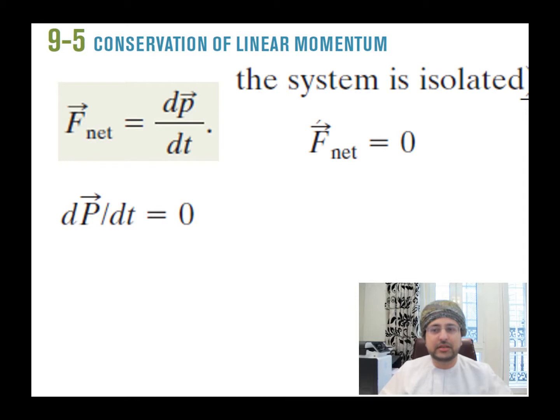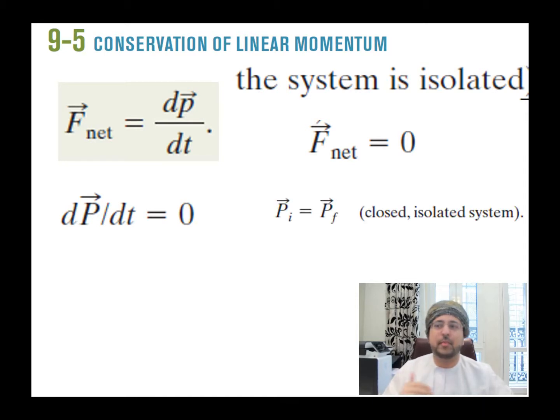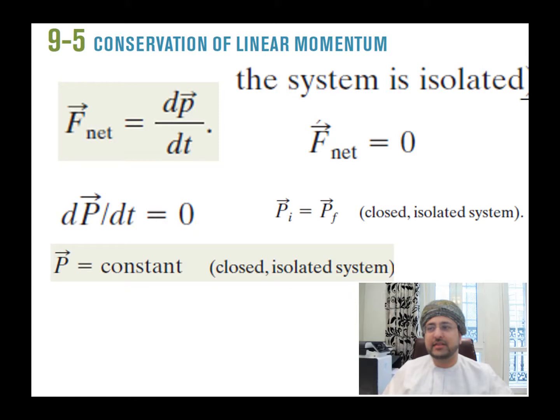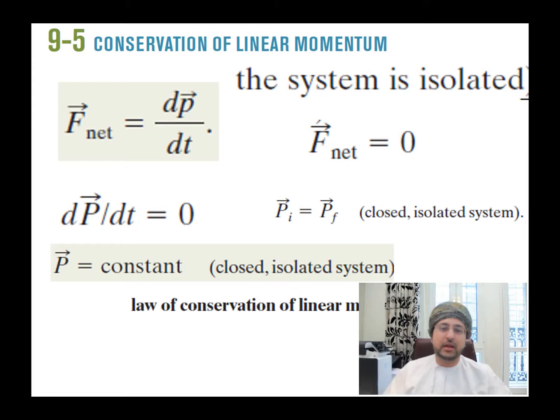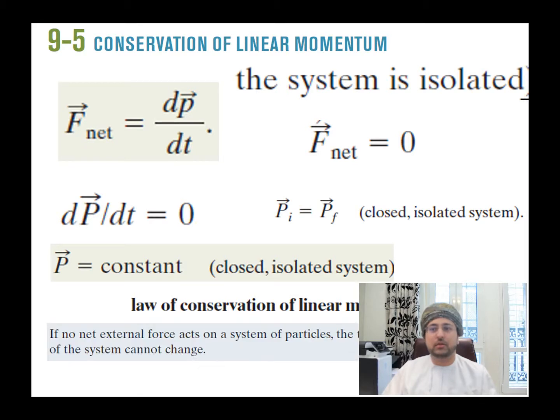And if dp by dt is 0, it means that the initial momentum equals the final momentum. Why is that useful? How can we use it? Well, if we take this definition that p is equal to constant for a closed isolated system, and we declare this to be a law of conservation of linear momentum, then we can have some very interesting results.